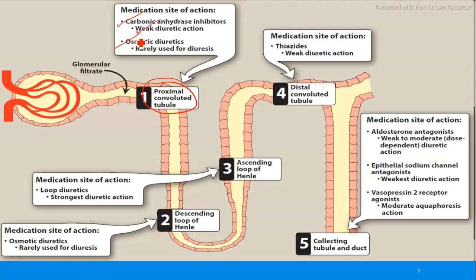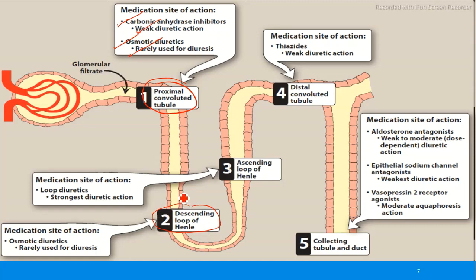Then we have osmotic diuretics, which are also rarely used for diuresis, and their site of action is also the PCT. Then we have the second site, the descending loop of Henle.